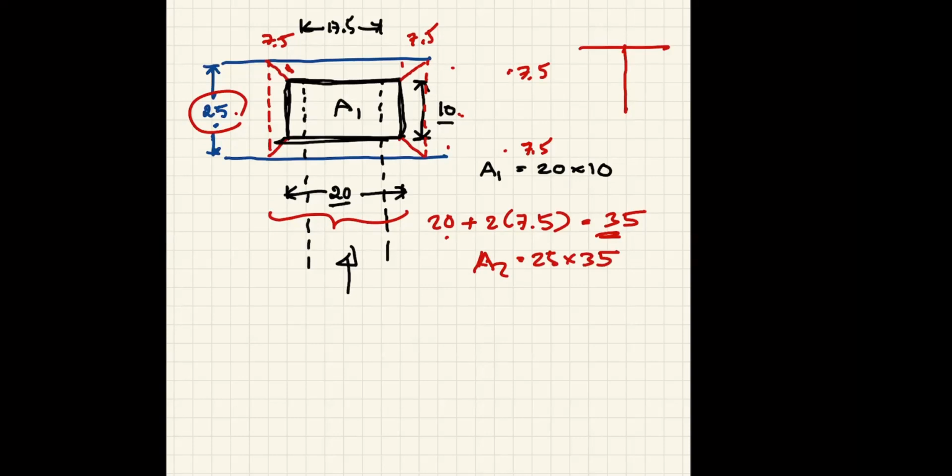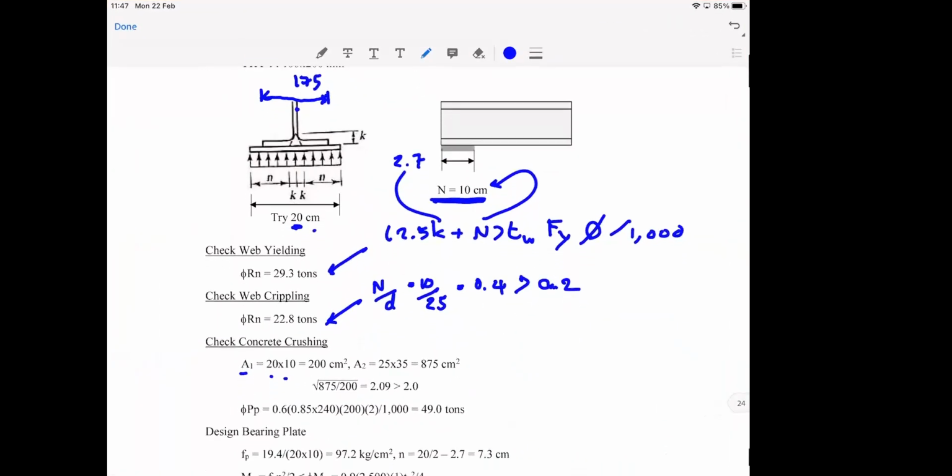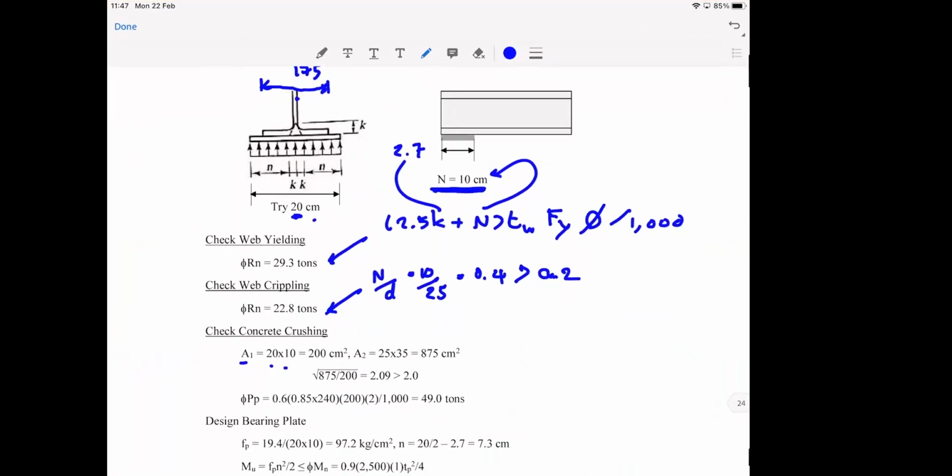So let's go back to our document here. So that's why we have A2 here equal to 25 by 35, but you need to be careful here, because after this, you already know this is 200, and 4 multiplied by 200, it's 800. So no question, this A2 is beyond the limit. Okay, so back to the formula.